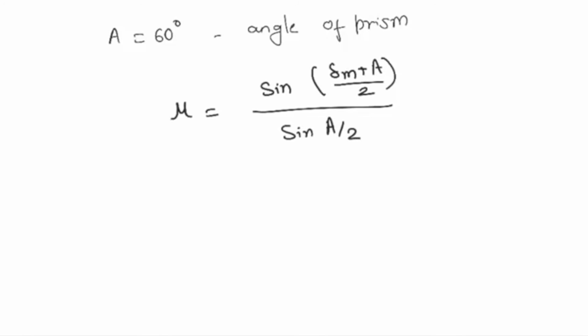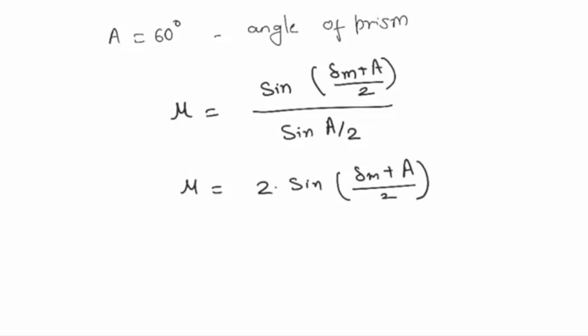So here if you directly substitute this 60-degree, this sine of 30, so you can directly take the calculation 2 into sine of (delta m plus A) by 2. If you are actually measuring angle of prism yourself, then it might not come exactly 60-degree, then it will come maybe in the range of 59 to 61, so that you can substitute accordingly.